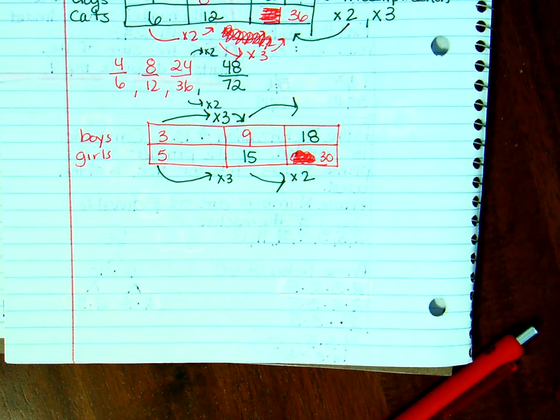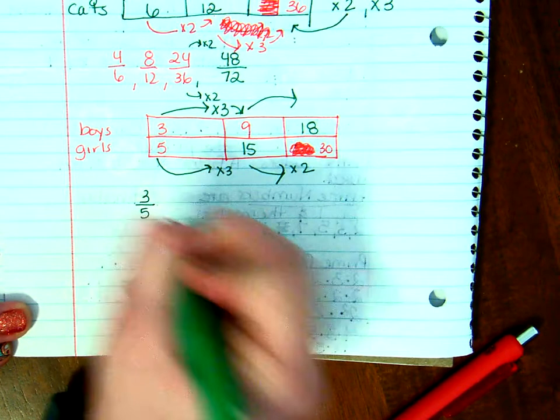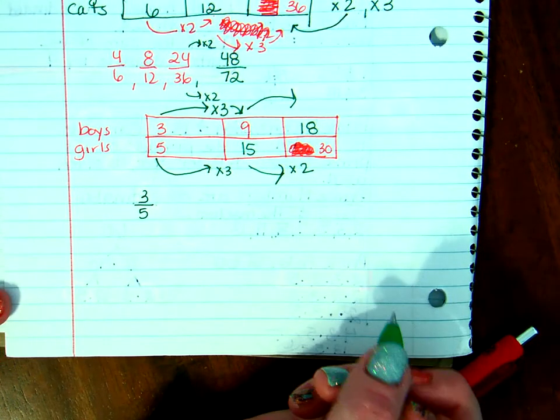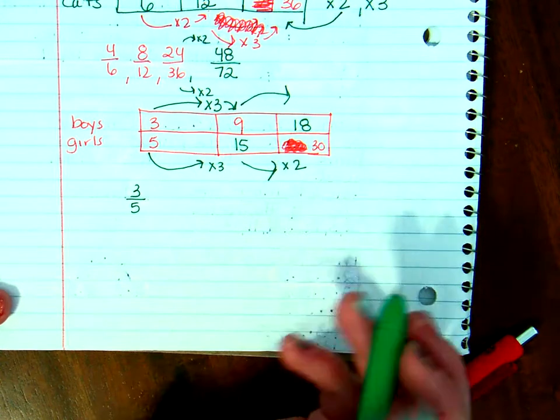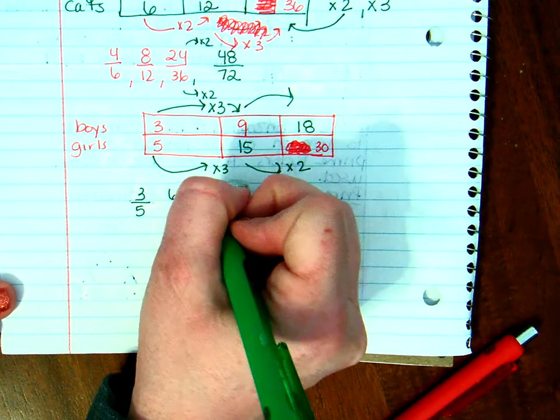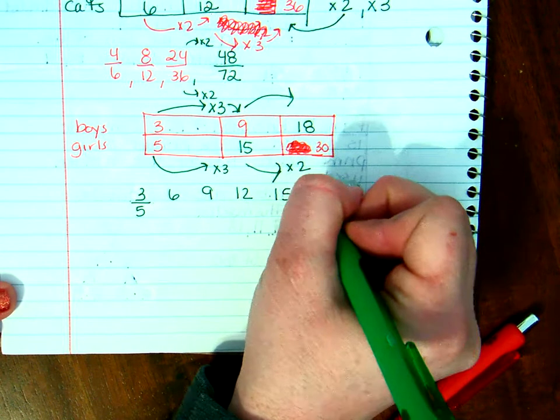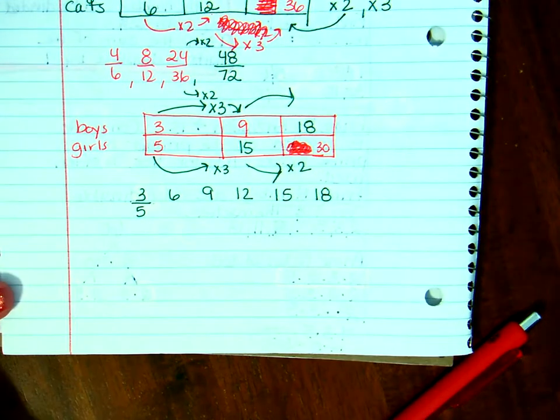And that's your ratio. Now, if I was adding, there would be some spots missing in here. So if I was adding, I would have 3 over 5. And let's say every time I add 3 to the top, so I could have 6, 9, 12, 15, 18. And every time to the bottom, I'm going to add 5.